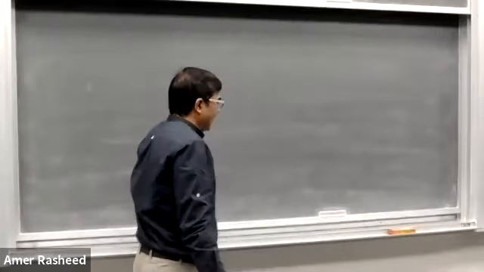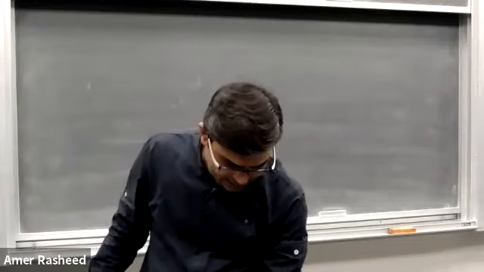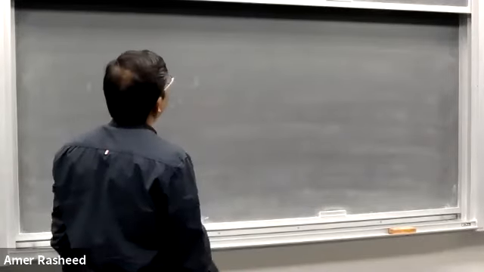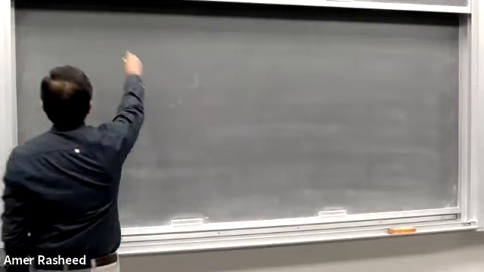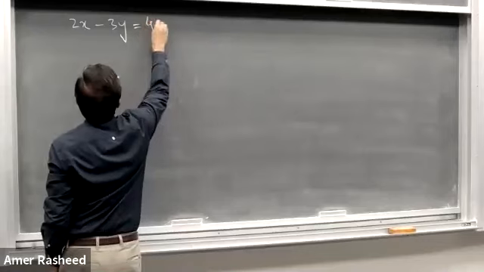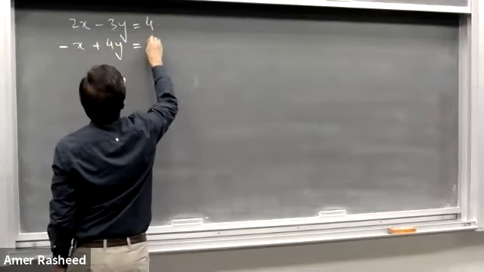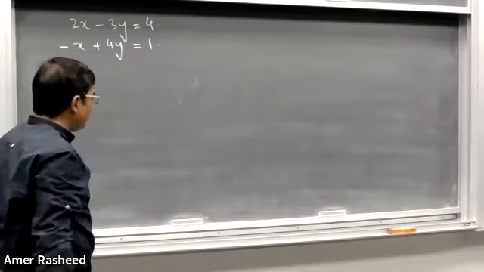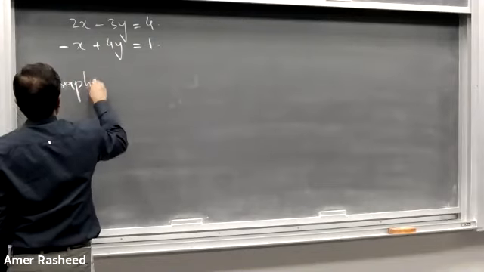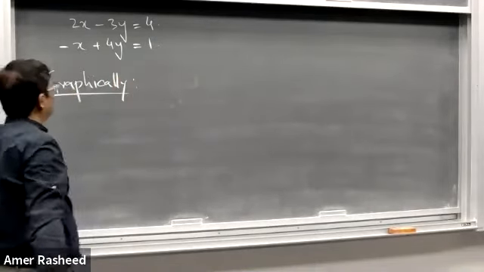Now, let me write again these equations: 2x minus 3y is equal to 4 and minus x plus 4y is equal to 1. Now, geometrically or graphically, what are they? What are these straight lines graphically?